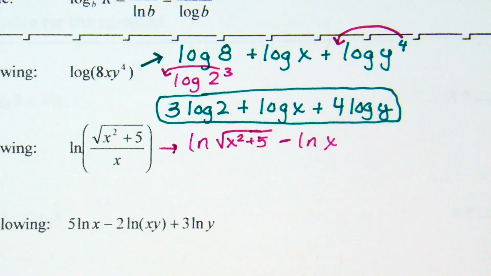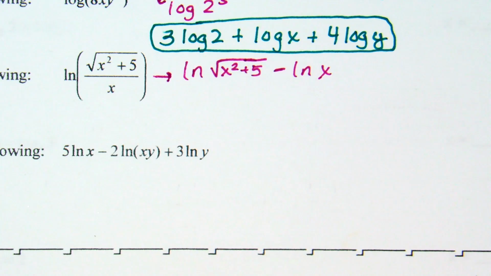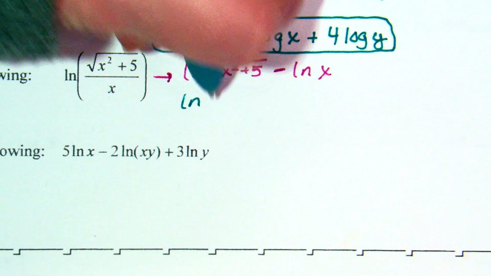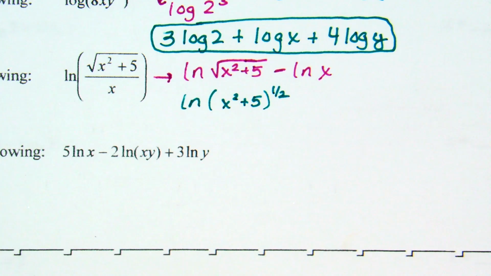Any other thoughts of what else I could do here? Okay, so a radical is equivalent to having a power of 1/2. And so yes, we can also use the power rule. If you need that intermediate step to see, if I rewrite this, it's natural log of the quantity x squared plus 5 to the 1/2.